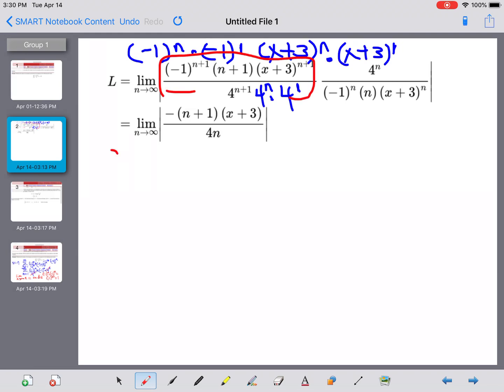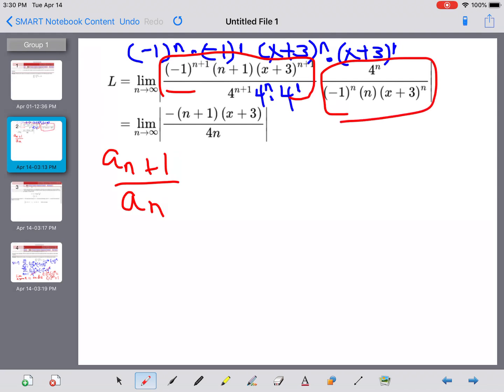And the ratio test, remember, is the limit as n approaches infinity of a sub n plus 1 over a sub n, where a sub n is your original series. Now, since we're dividing, this particular website already flipped the a sub n. So that's this part here.